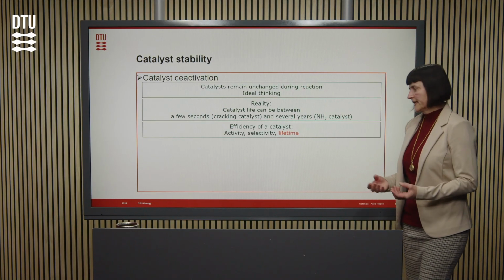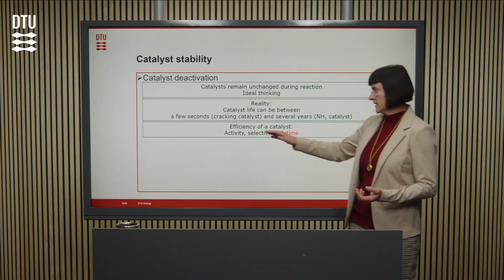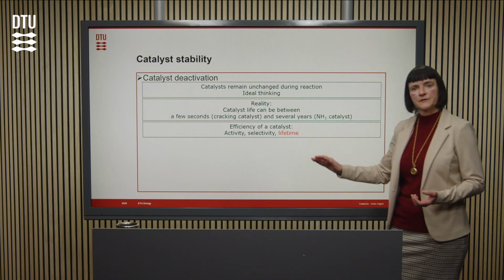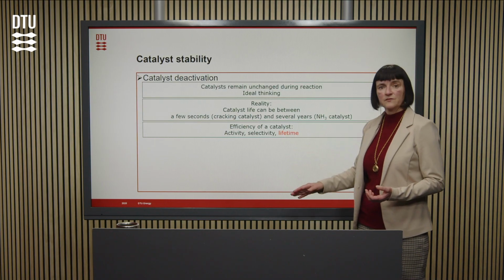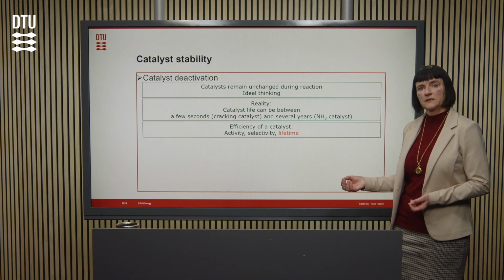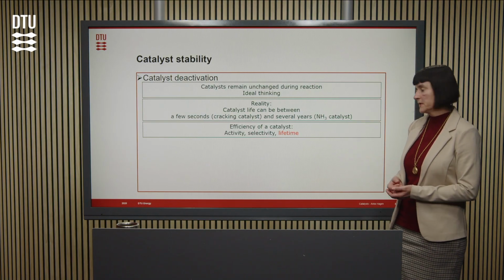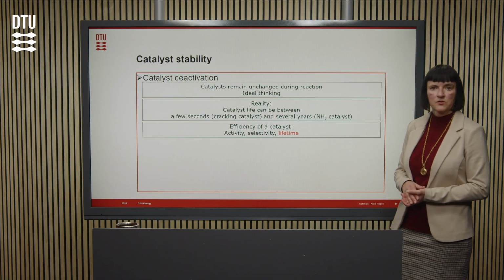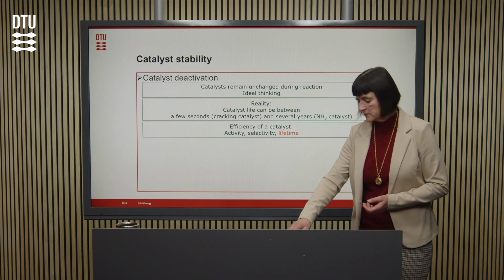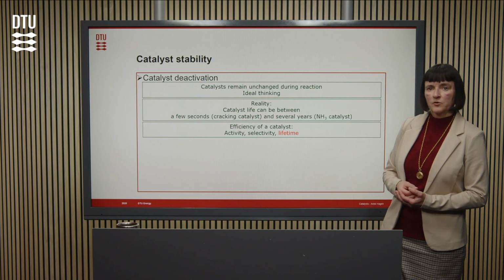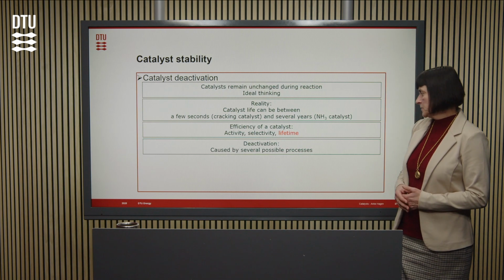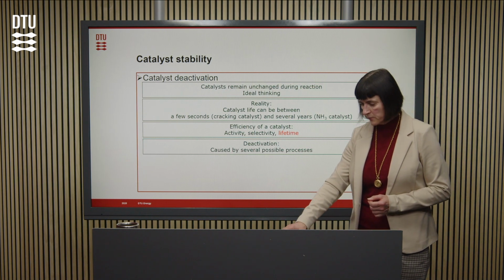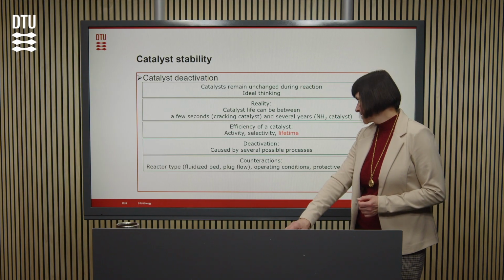So when you judge a catalyst, you are first judging the activity. Does it decrease the activation energy for your desired reaction? Then the selectivity, does it give you the desired product that you want from a potential mixture? However, the lifetime is also a very important aspect that determines how you design your system. And the deactivation can be caused by several processes. I will go into detail in the coming slides.